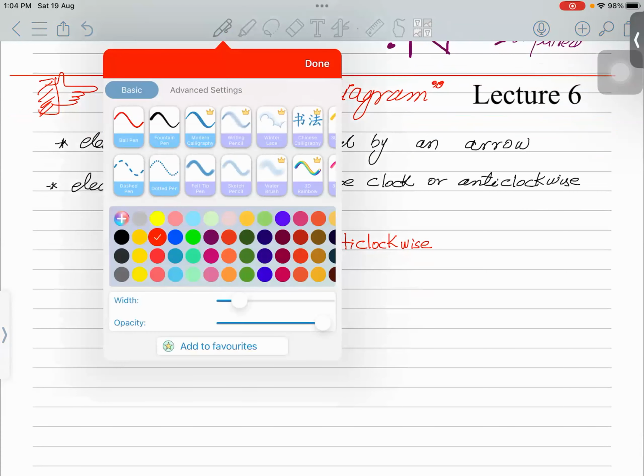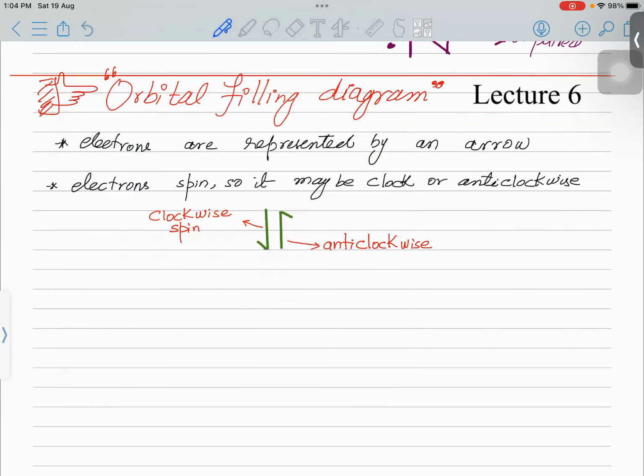Point number next. Orbital is represented by box.